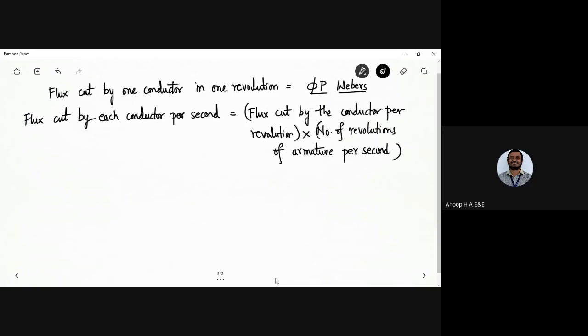So I have the flux cut by each conductor per second, given as flux cut by the conductor per revolution into number of revolutions of armature per second.